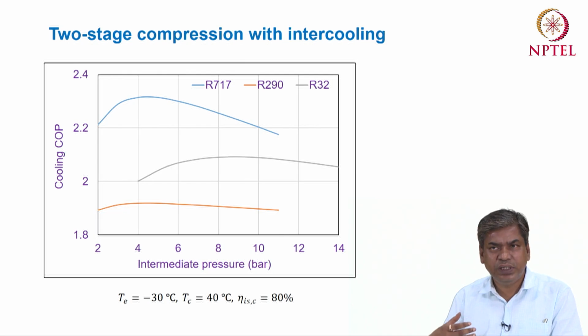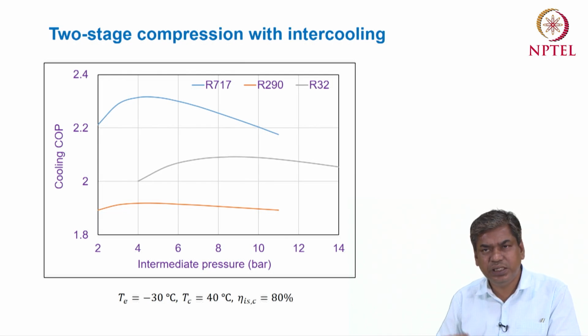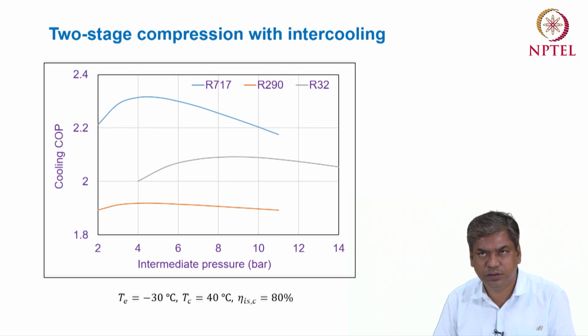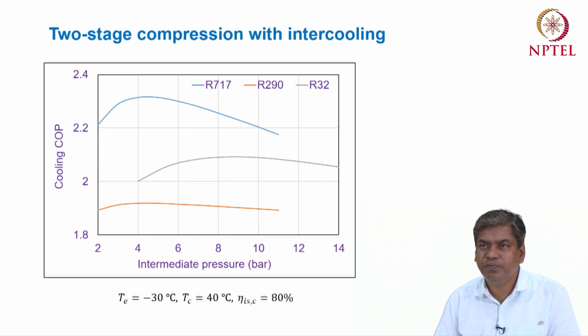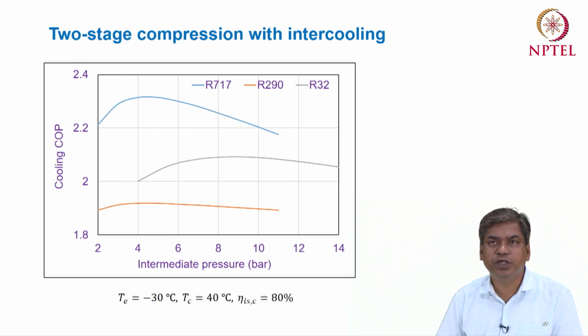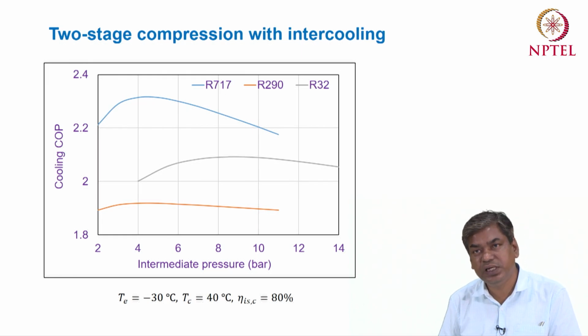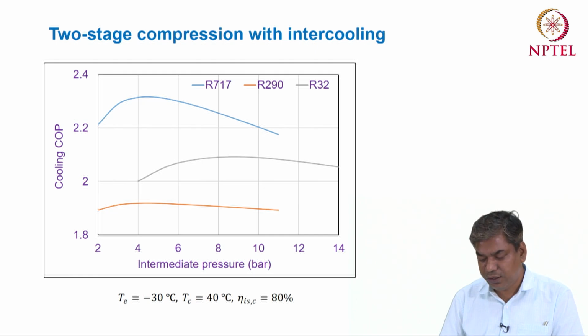Obviously, if you increase the intermediate pressure, the lower side compressor work will increase, but the higher side compressor work will decrease, and you will see that the combination of this work for the low side compressor and high side compressor is not monotonous. That means at some intermediate pressure we get the minimum work required for the compressor, and that's why we get the maximum COP at that intermediate pressure.